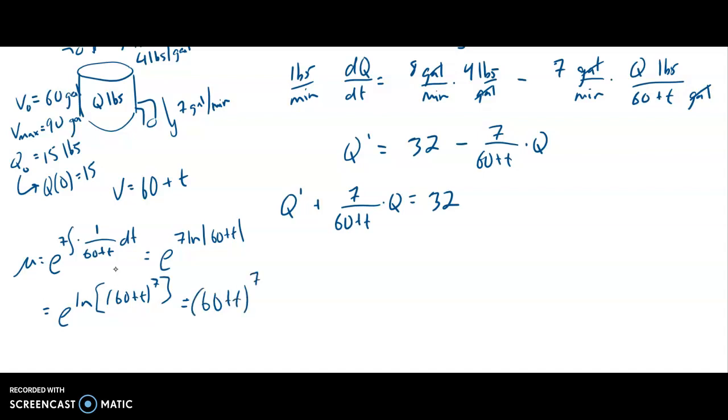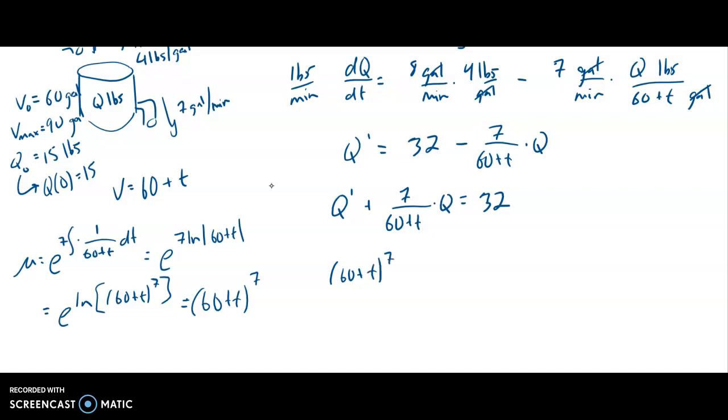And then what I can do now is multiply that by everything in this equation right here. And I'll move this over here like that. So if I do that multiplier, we get (60 plus t) to the 7th times q prime plus, all right, if I multiply (60 plus t) to the 7th by this, I've got 60 plus t in the denominator.